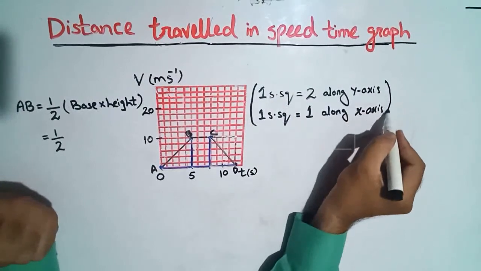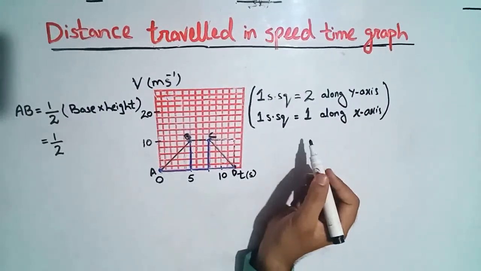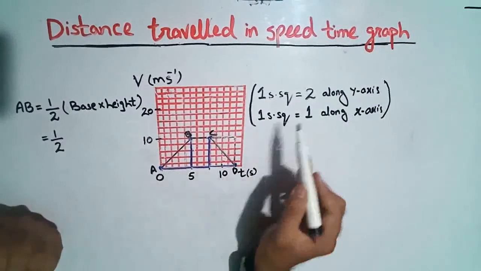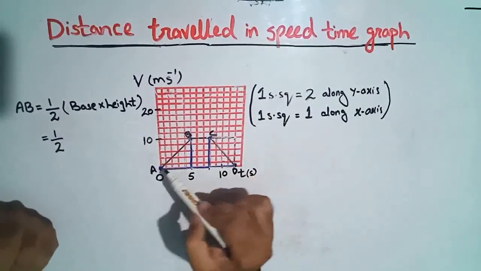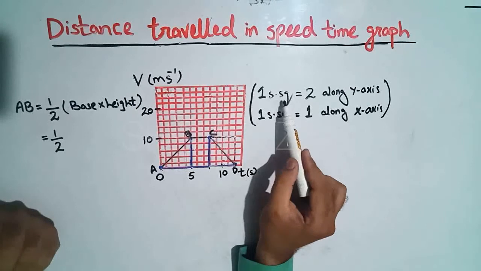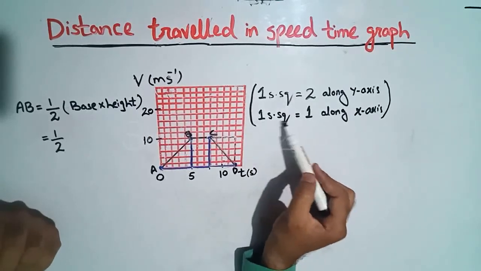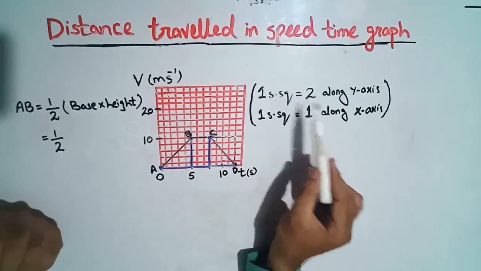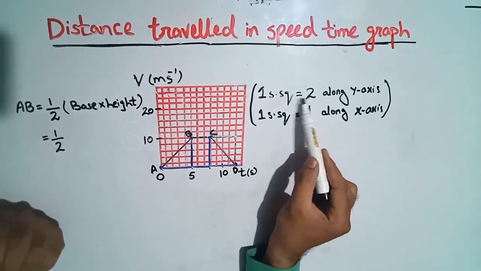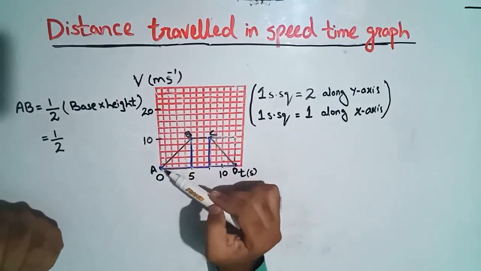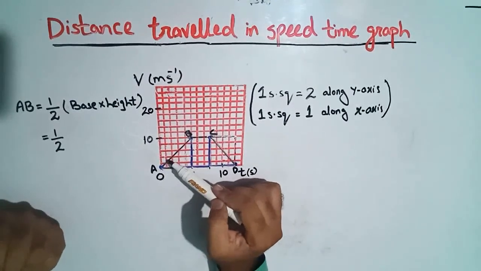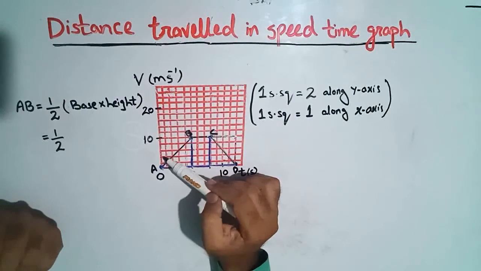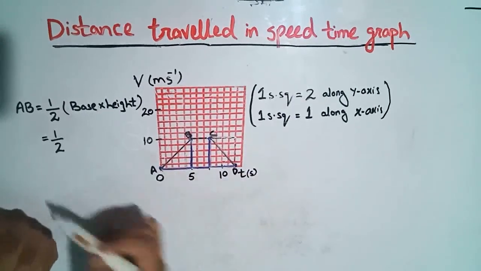This is the scaling, meaning the values along the x and y axes are different, not the same. Along the x-axis one small square is equal to 1, it means 1, 2, 3, 4, 5. And along the y-axis each block has the value 2: 2, 4, 6, 8, 10.